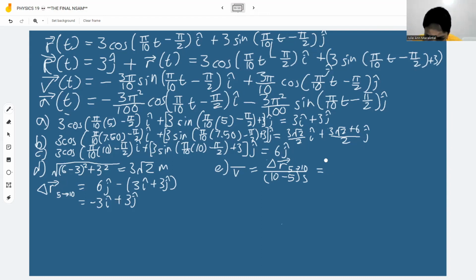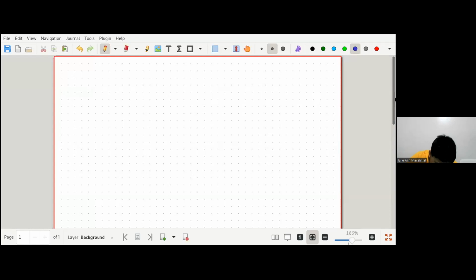So gamitin mo yung average symbol. Pag meron kang brackets na ganito, usually that means average of what's inside.